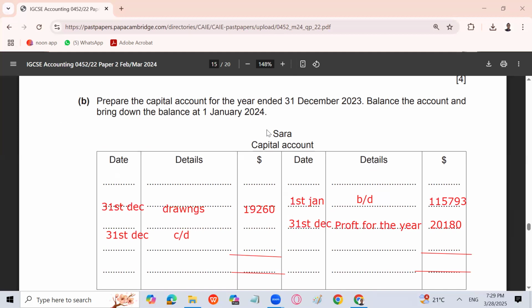So that is 139,973 here, and 139,973 here also. The difference of the two sides is going to be written with the name balance carried down. That is 116,713.